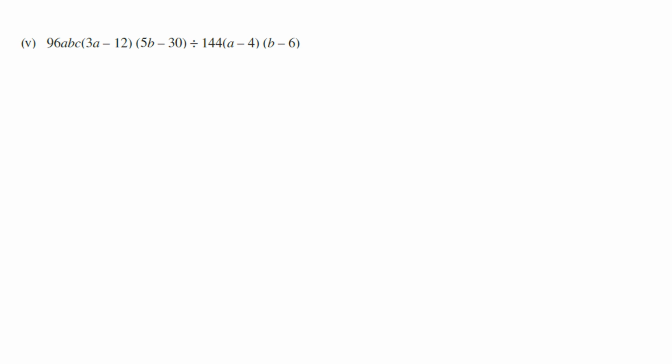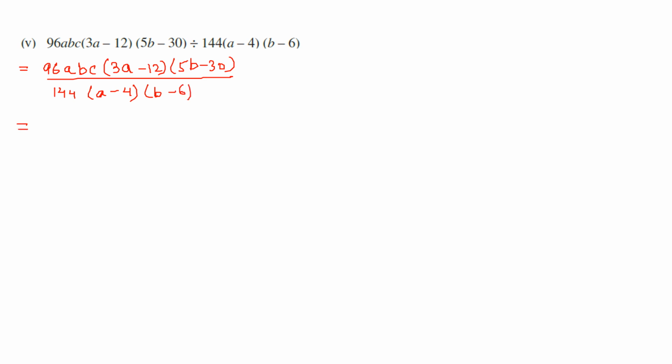It will be 96 times ABC, 3A minus 12 into 5B minus 30, divided by 144 times A minus 4 into B minus 6.